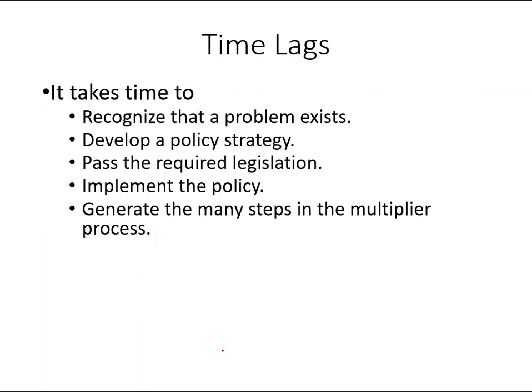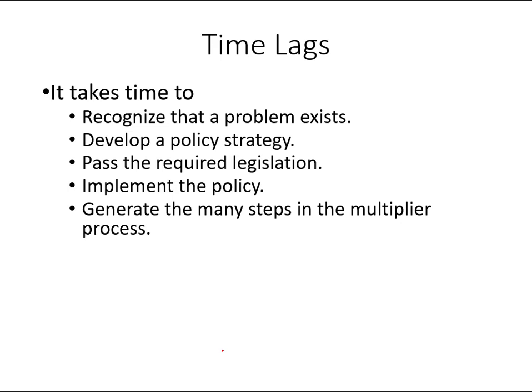The second problem for fiscal policy is time lags, and I don't need to say more. For the US economy and political structure, we know that everything needs to go through debates, which takes a little bit of time.